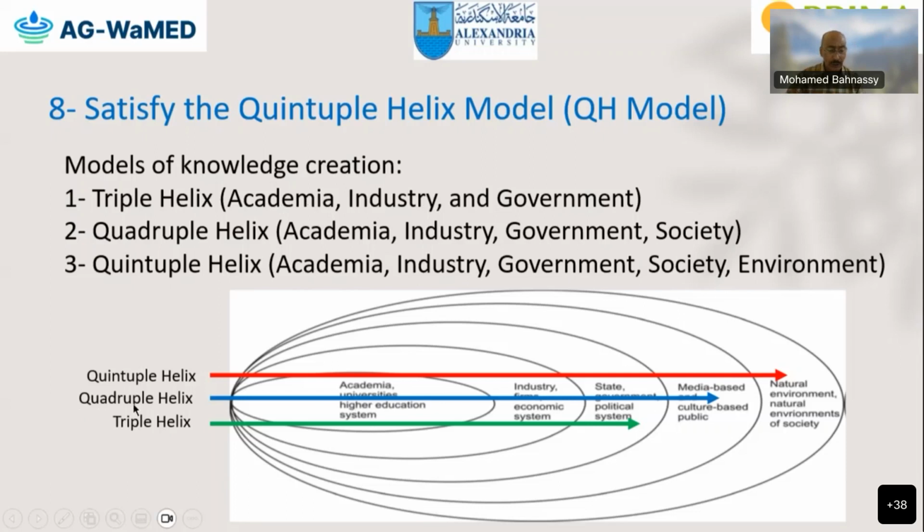And then the quadruple helix, so they added society, because the research done in the past was excluding the society and stakeholders from the process. The quadruple helix added the society component, and then the quintuple helix, QH, has added the environment. So it's very important to see the impact of our research on the environment. This is very important.